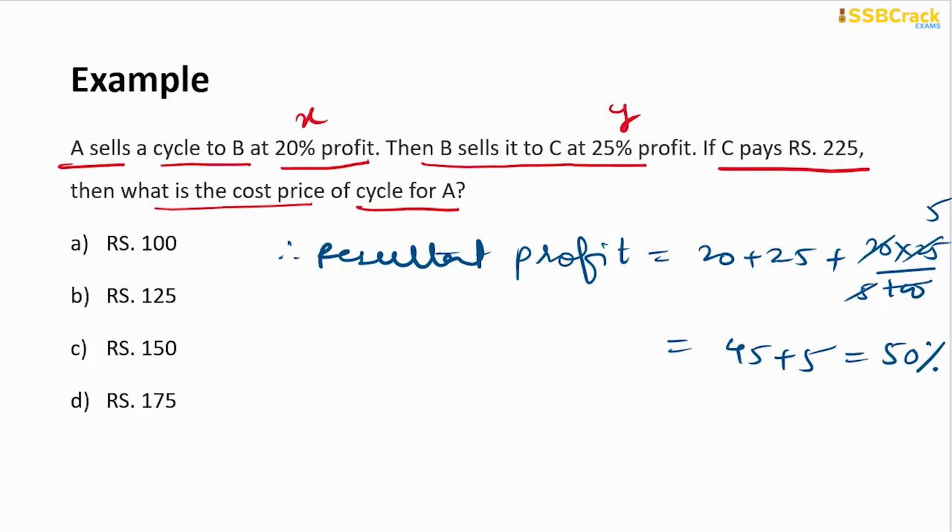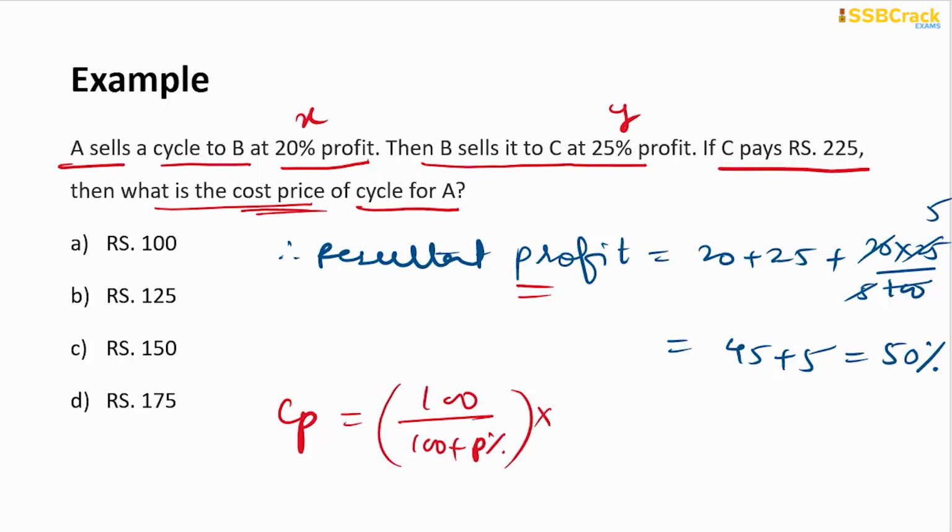Now, we shall find the cost price. What is the cost price formula when SP is given and profit is given? The formula for CP is 100 upon 100 plus profit percent, that is the gain percent, into SP.